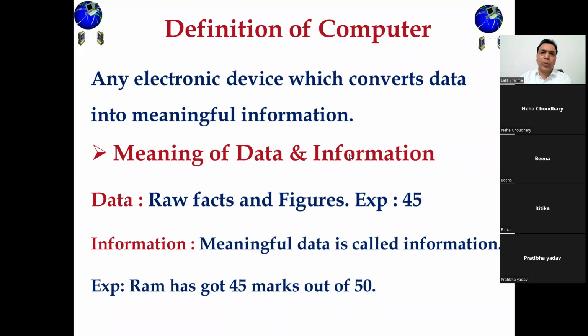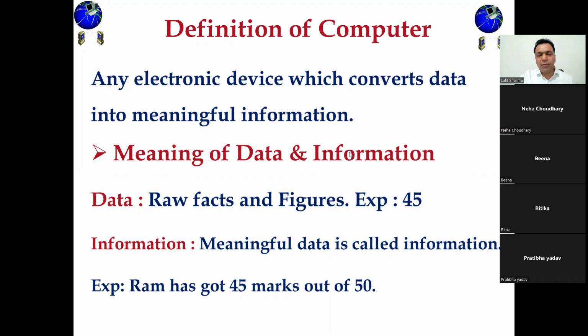With the help of a computer, you can bifurcate from first class to 10th class: how many students in the first class, second class, third class, fourth class, right? How many teachers? What is the result of the students? Basically, all that was raw material. With the help of a computer, you have converted all the raw material into meaningful information, right?